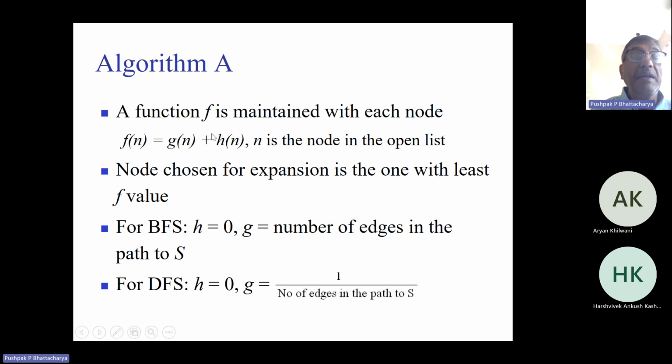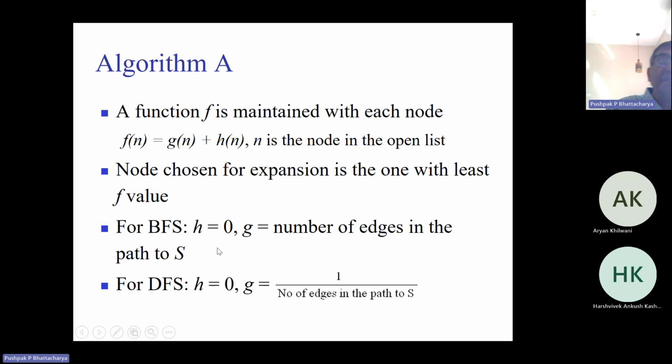So in algorithm A, a function f is maintained with each node n such that f(n) equals g(n) plus h(n). N is the node in the open list. The node chosen for expansion is the one with the least f value.